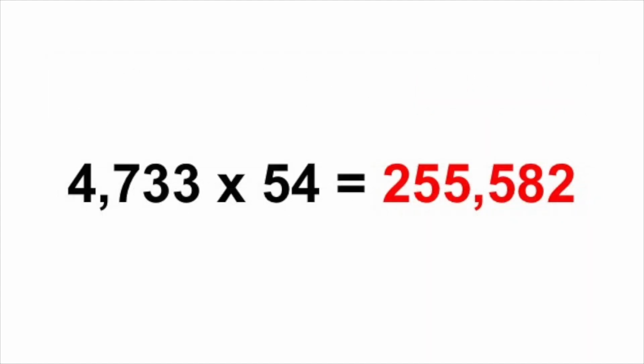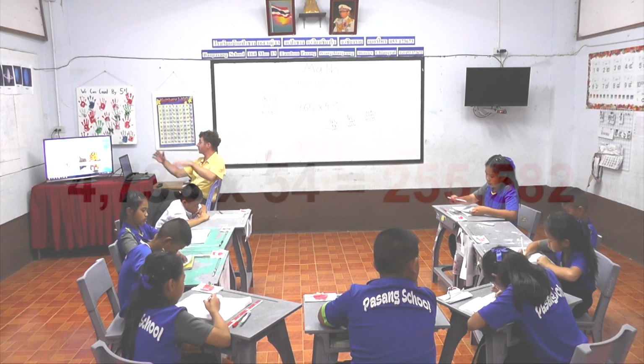So finally, 4,733 multiplied by 54 equals 255,582. And that's how we correctly multiply 4-digit numbers by 2 digits. Any questions? Well done, guys. That was excellent.